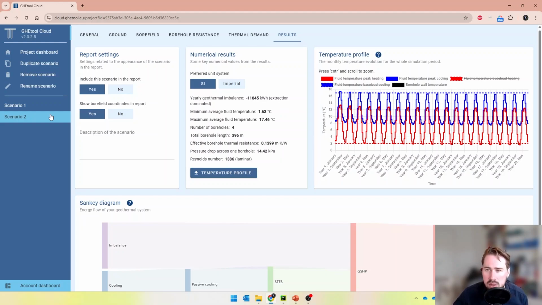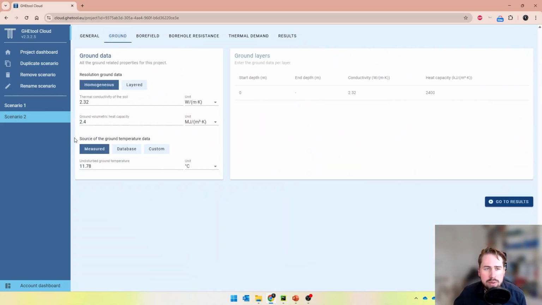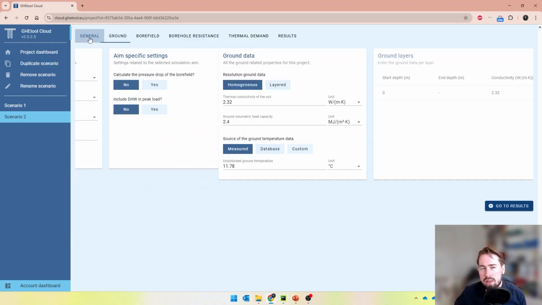Check with the people or the engineering firm who did this what exactly the conditions were of this test, and if the data can be used for your simulation. But otherwise, it's just entering the ground temperature like this, and you will end up with a simulation with the data for this particular project.